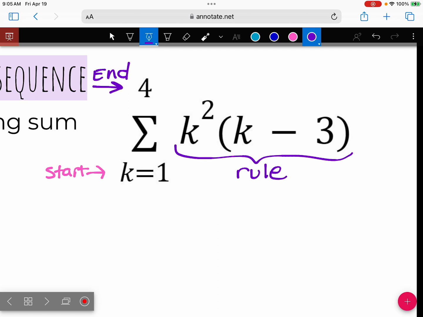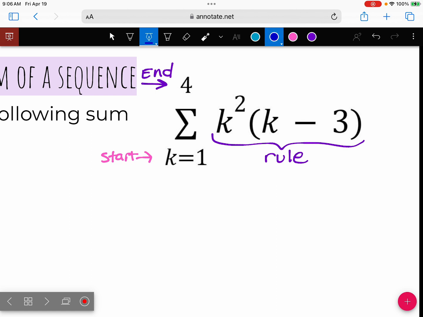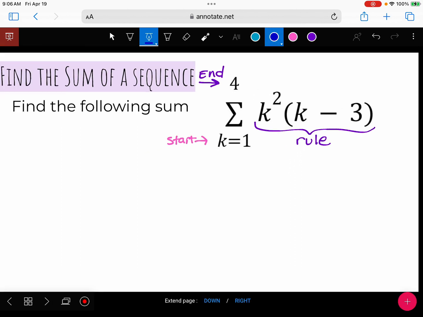If I'm going to start with 1 and end with 4, how many pieces are we going to add together? 4. Because we have k equals 1, and we're going to calculate that. We're going to calculate k equals 2, and k equals 3, and k equals 4. So we're adding up from 1 to 4.